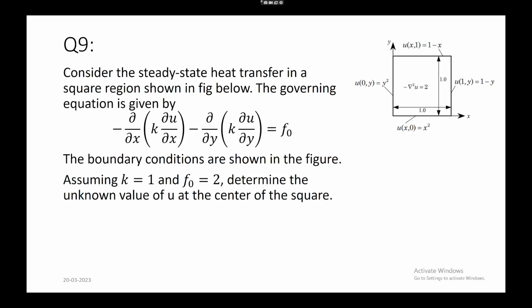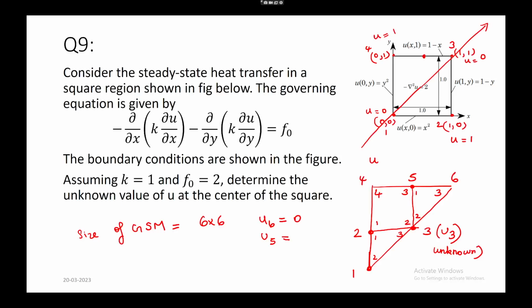Yes. What about u5? Here along this line it is 1 minus x. So at this point, which will be u5, what will be the u value there? 1 minus x, so 0.5. Yes, correct.